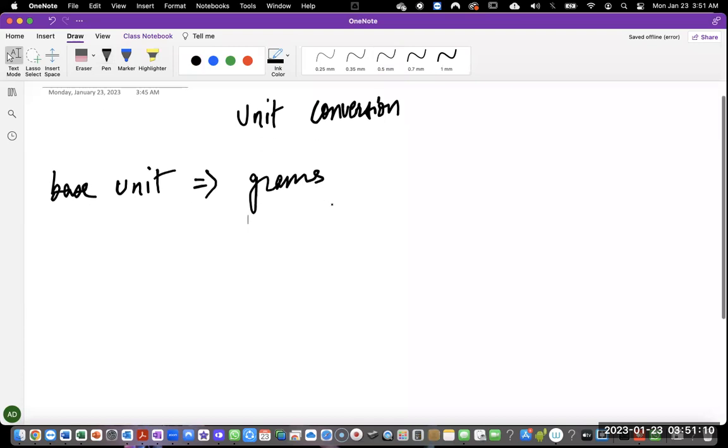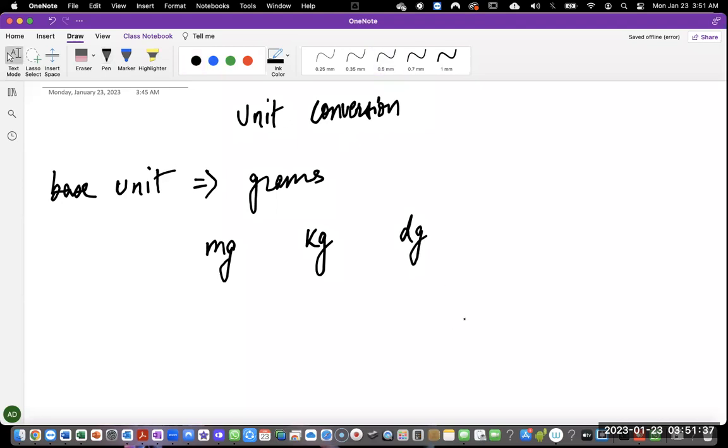But you must have come across the modification of the unit gram where we put a prefix in the front. So you might have seen mg, which stands for milligram, or different prefixes that can be added. So you could add kg, which stands for kilogram. You have dg, which stands for decigram.